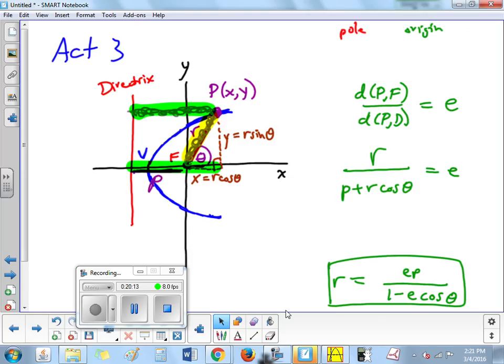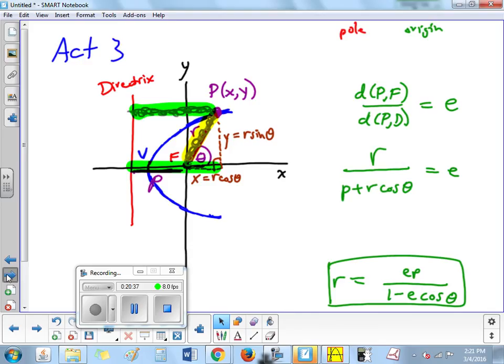If Mr. Shore changes E, he changes the conic. If he changes P, he changes the distance to the directrix. This is actually simpler than the standard form we used before. Because in the standard form we used before, there was H, there was K, there was A, there was B. Remember, 4 parameters. All right? In all fairness, though, these ones are all centered. Focus at the pole, you know. So they are pretty specialized, I guess you could say.